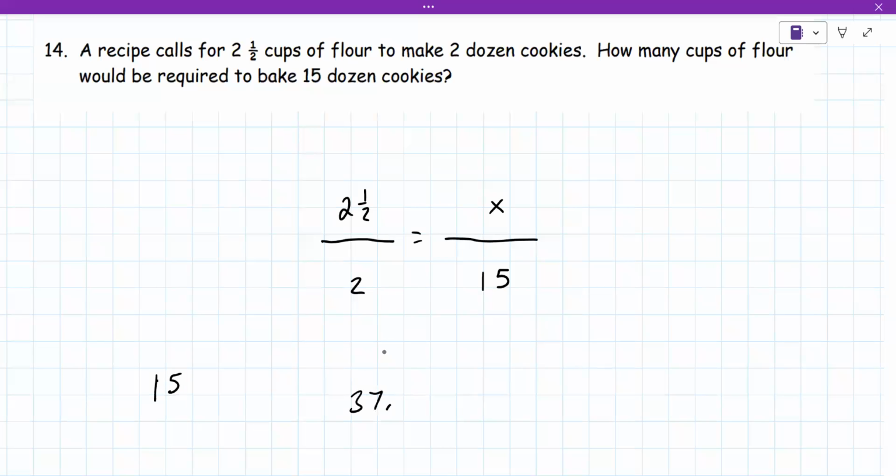Yeah, there you go. 37.5 equals 2x. Yep. You've got to divide both sides by 2.